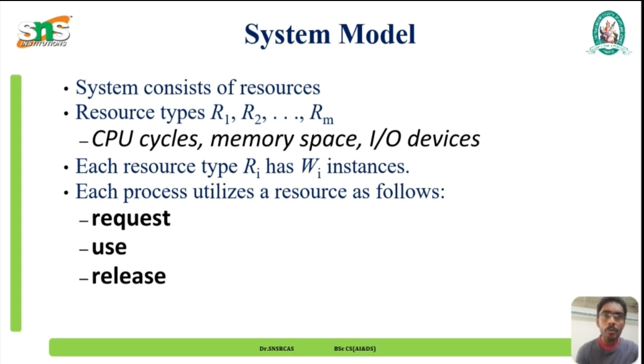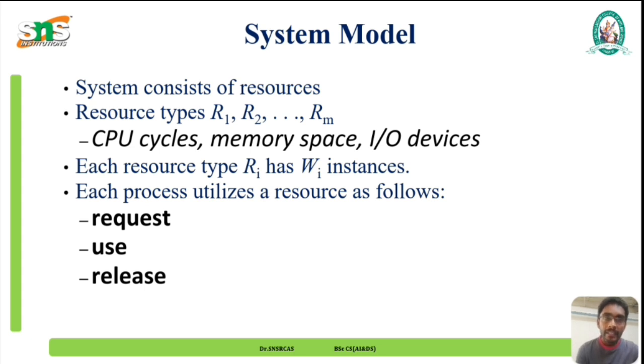Each resource type has a number of instances, which means a resource can be shared by different tasks. Here we mention the number of tasks which a resource can be shared by, which is termed technically in operating systems as instances.